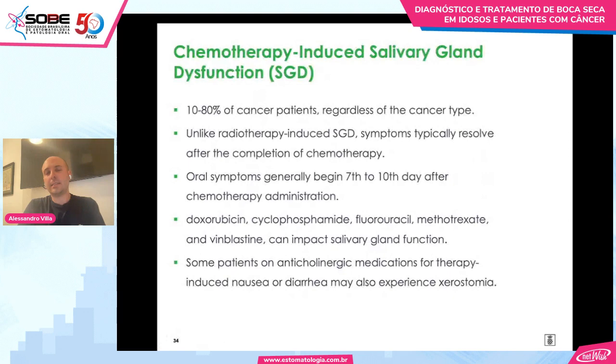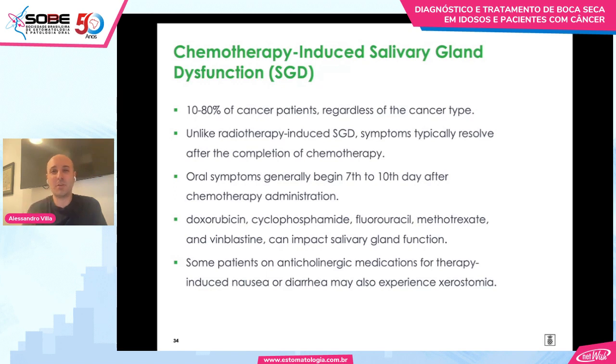And when we look at cancer patients, chemotherapy, beyond what we discussed earlier with the immune checkpoint inhibitors, can cause salivary gland dysfunction. And salivary gland dysfunction from chemo can vary from 10% up to 80% of the patients. And typically the symptoms resolve after completion of chemotherapy, compared to radiation therapy, where they tend to last for a longer period of time.